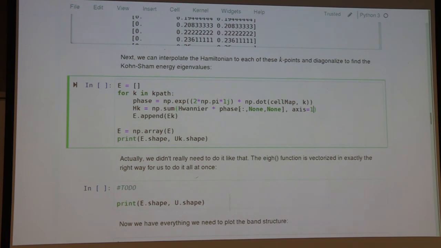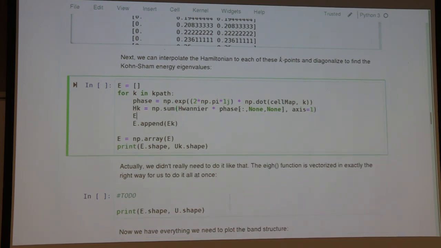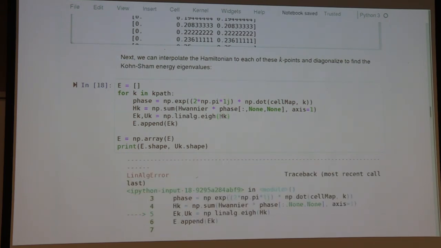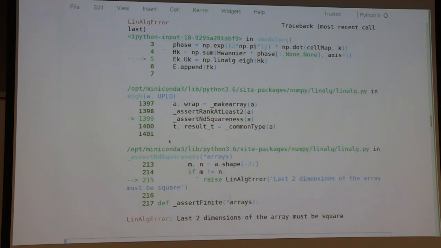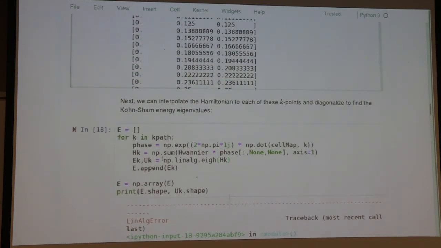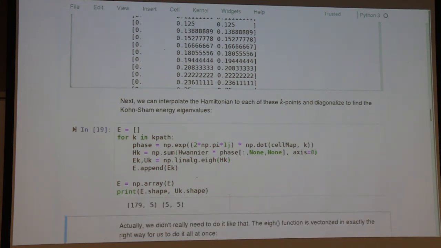But we'll simplify this code in just a second. Let's leave it here for the time being. So this will now give me just a 5 by 5 matrix, which I can then diagonalize. Oops, this should be axis equal to 0, sorry. 0 based index.